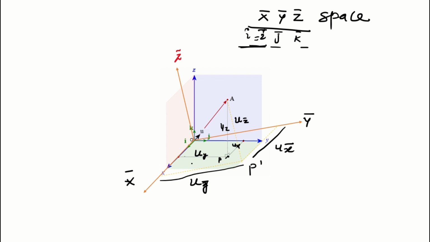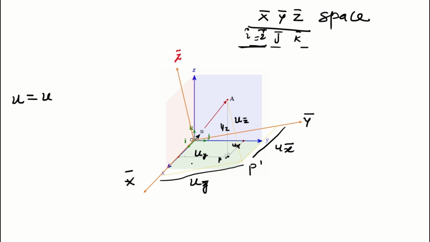So all the components have changed. When we change the basis vector, moving from one coordinate system to another, the components also change, but the vector is the same. We did not move this vector.